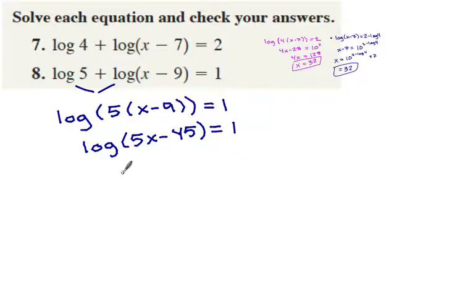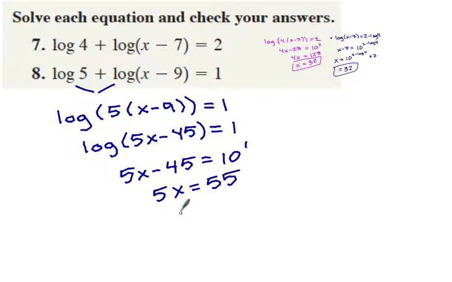So this is 5x minus 45 equals 10 to the first, which is just 10. Now you're into your basic algebra. So we can add 45 to both sides. And then we can divide by 5. In this case, x is going to be equal to 11.